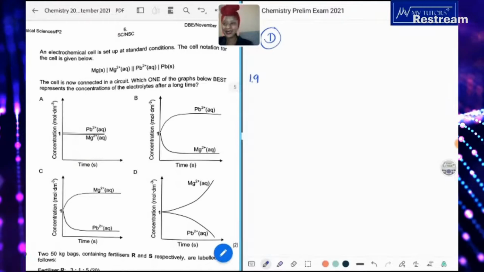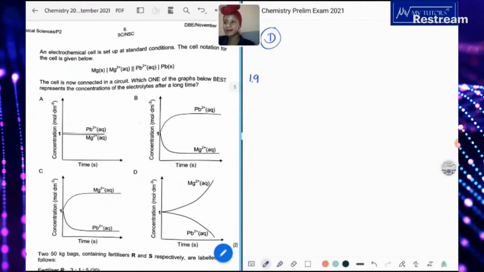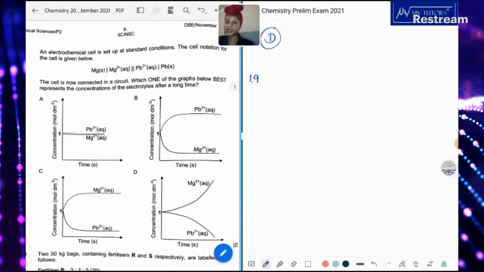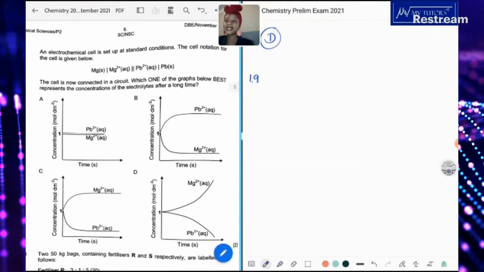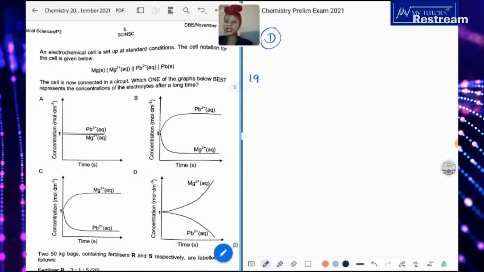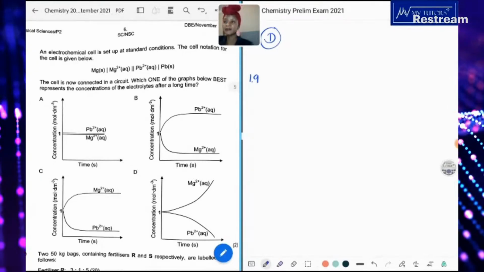Something has to be happening. Magnesium loses electrons, it is oxidized, so the mass of its electrode will reduce, whereas lead will be increasing.